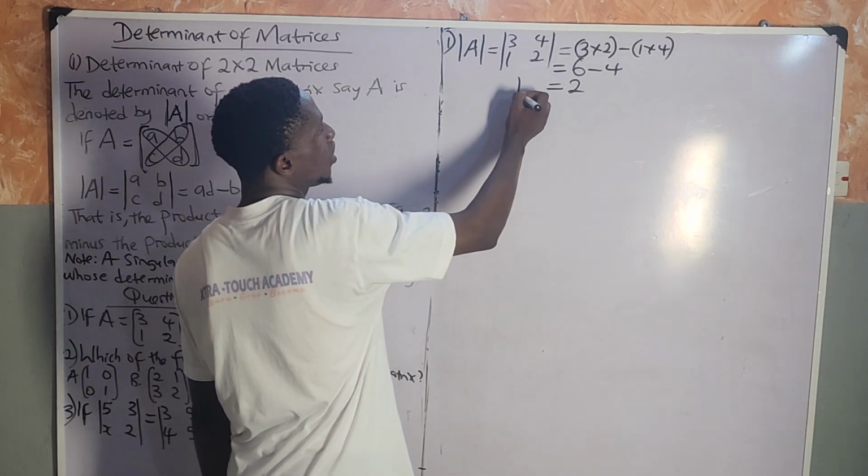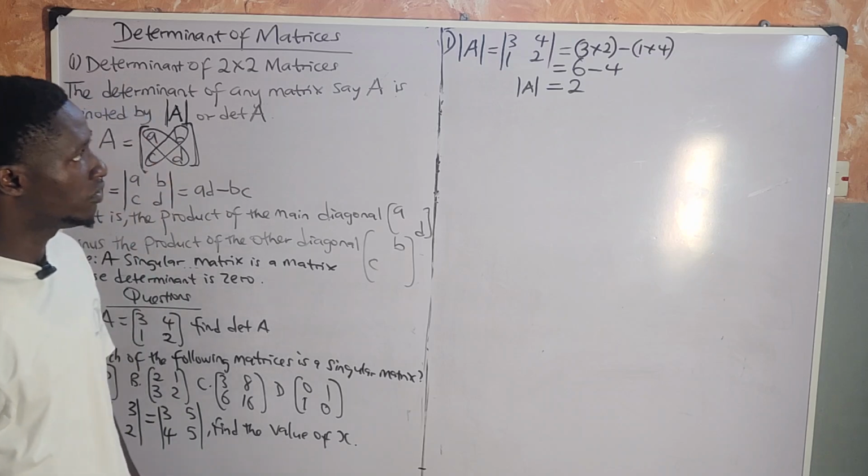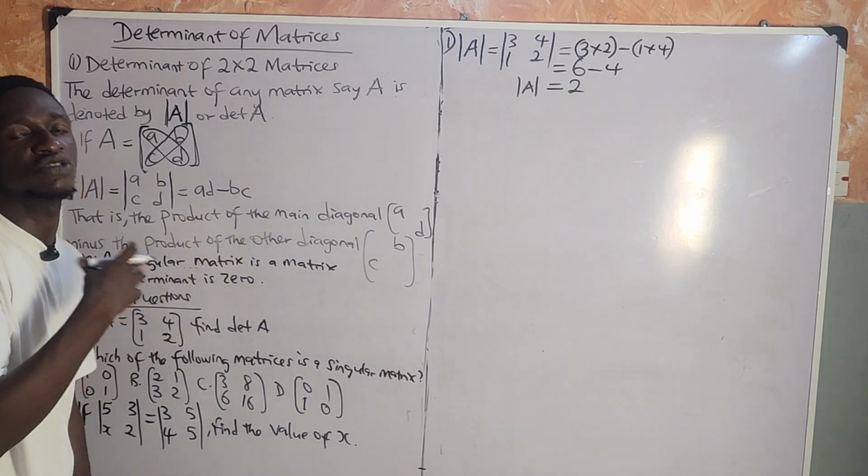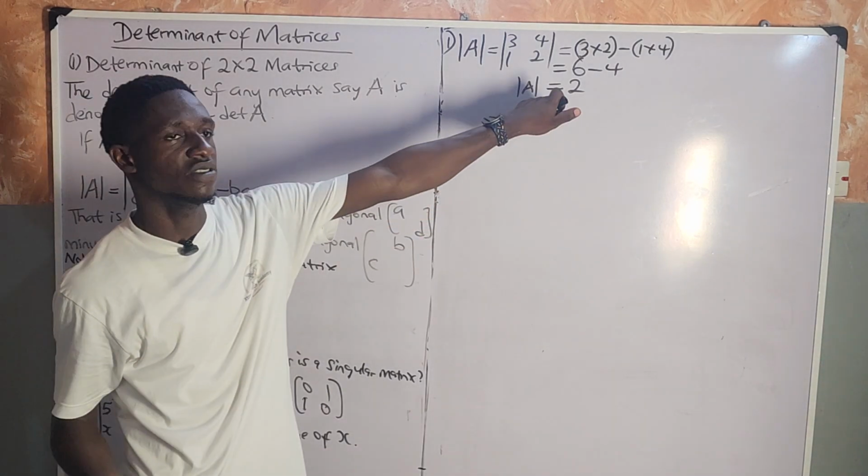So the determinant of this A is 2. The value is 2. Is this a singular matrix? No, because the value is not 0.